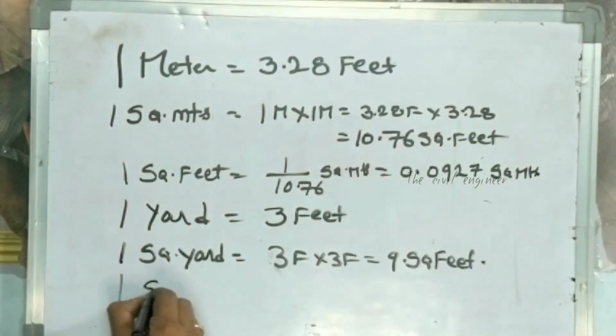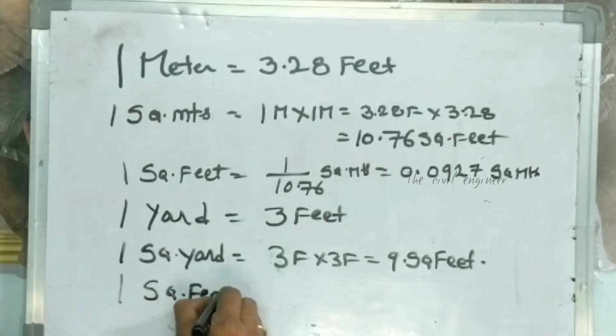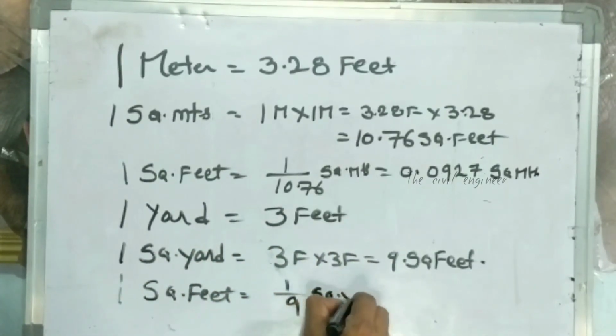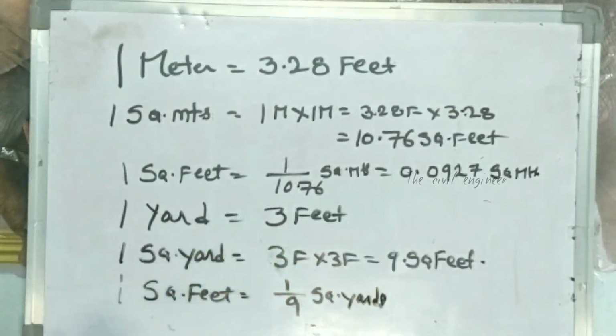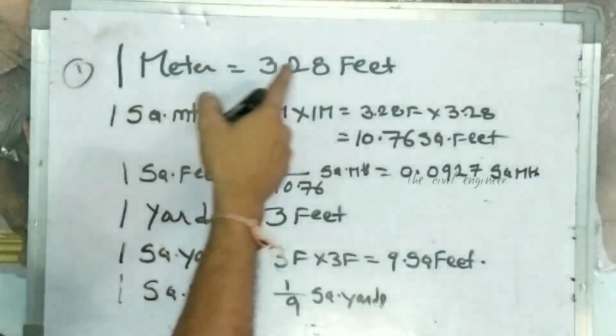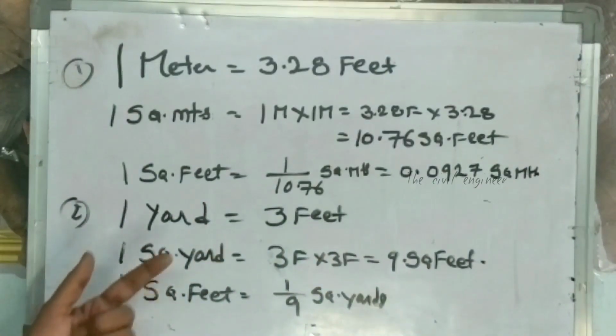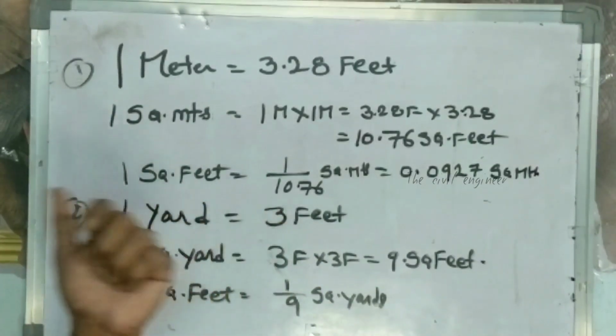So 1 square foot is equal to 1 by 9 square yards. This is the second one. The first one was meters to feet. The second one is yards to feet, because sometimes the site is available in yards.